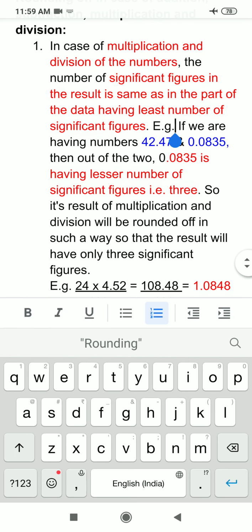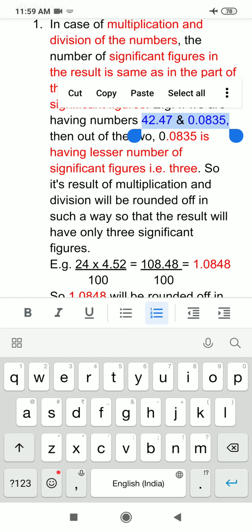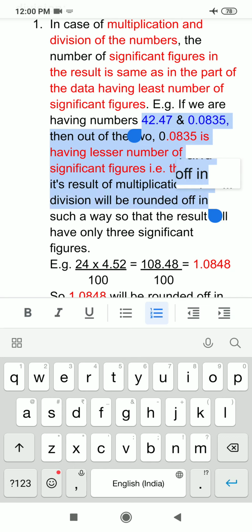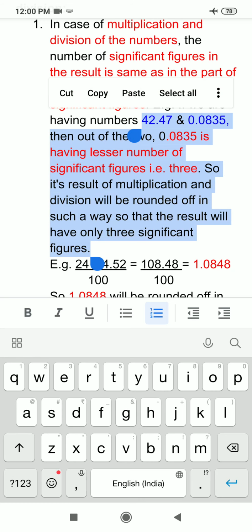For example, if I wish to multiply 4.27 and 3.0835, then out of these two values 3.0835 is having fewer significant figures, that is 3. So the result of multiplication will be rounded off in such a way that the result will have only 3 significant figures.